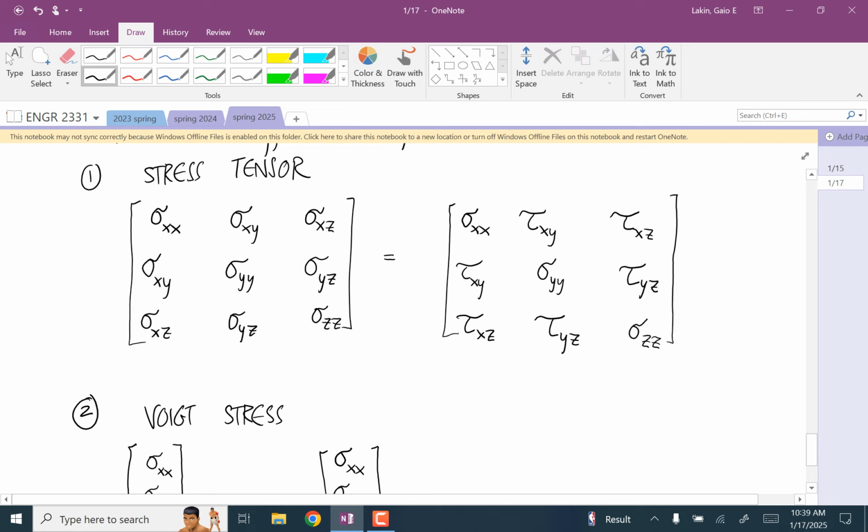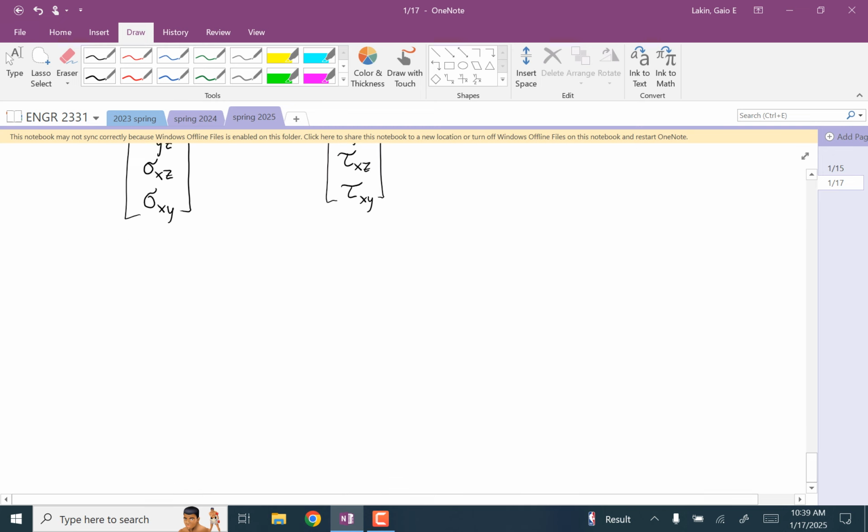What is the tau representing? It's just choosing a different variable for the shear stresses. So just visually, you don't mix them up because they're different in some ways that we'll see. It's a different symbol for the different type of stress. Right.